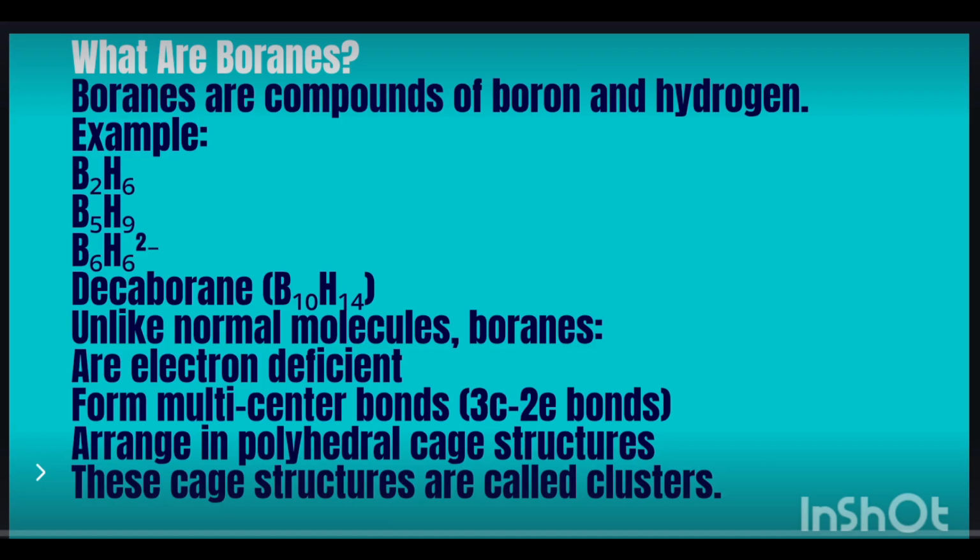Instead of simple structures, they form polyhedral cage-like structures. These cage structures are called clusters. Examples are B2H6, B5H9, B6H6 2-, and even larger clusters like decaborane, that is B10H14. To understand their shapes, we use Wade's rule.